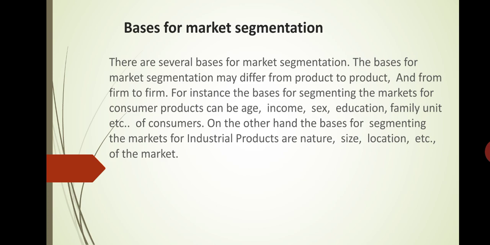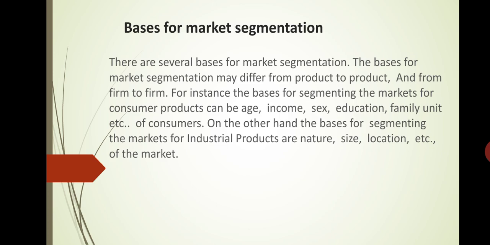According to income, or according to sex, we can divide into two parts, ladies and gents. Ladies and gents have different needs and attributes, right? So markets can be classified on the basis of sex and education, family unit, etc. of consumers.